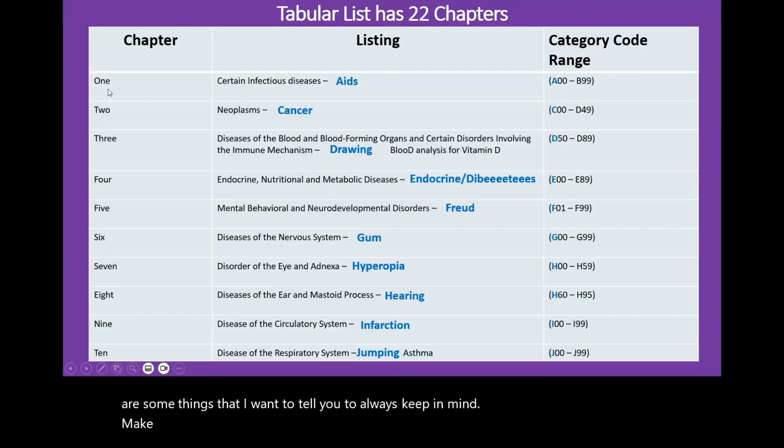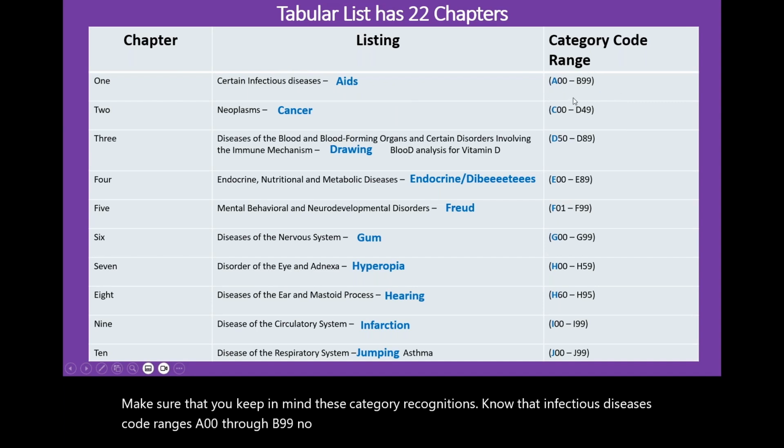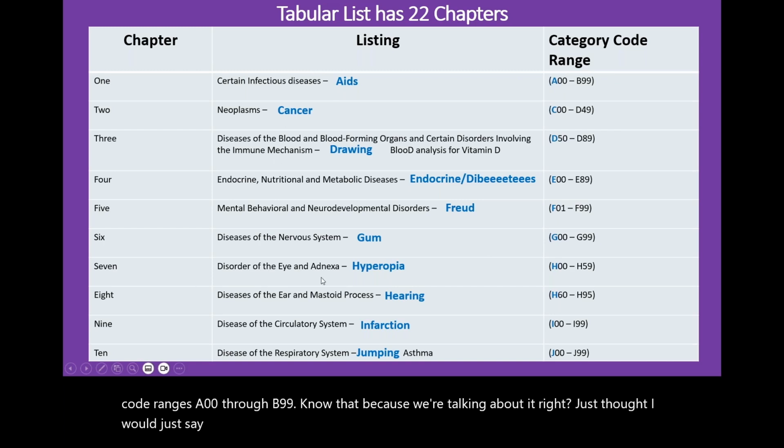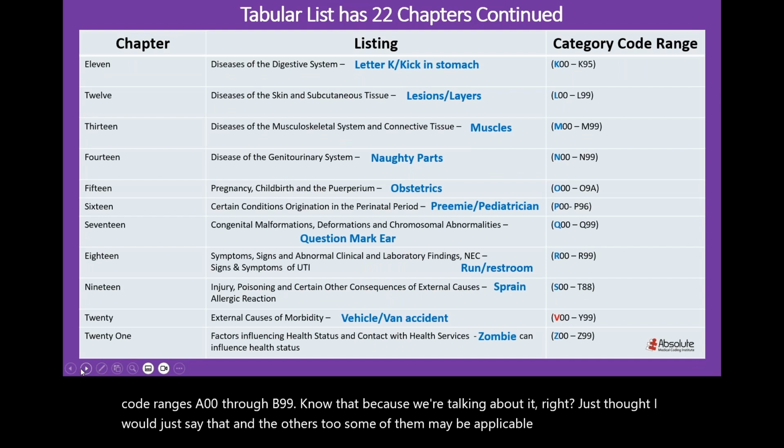Make sure that you keep in mind these category recognitions. Know that the infectious diseases code range is A00 through B99. Know that because we're talking about it. And the others too, some of them may be applicable. So keep that in mind.